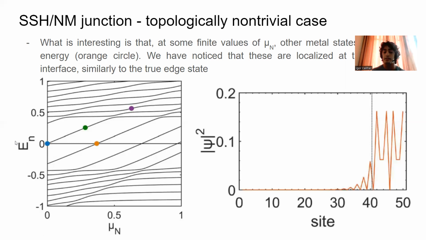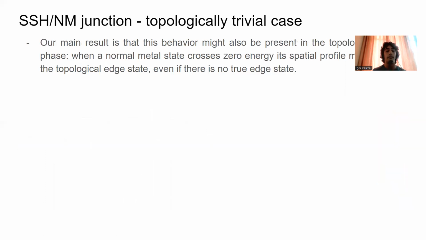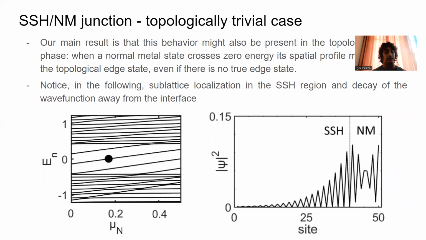Now, what is interesting is that even in the topologically trivial case, when we tune the energy levels of the normal metal, and these states cross zero energy, we have observed that a state arises which has the characteristics of the topological edge state, even in the topologically trivial phase.